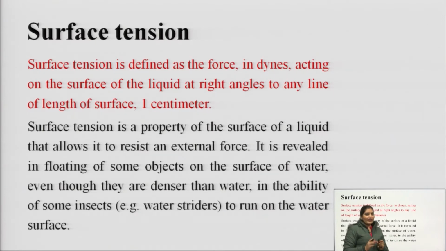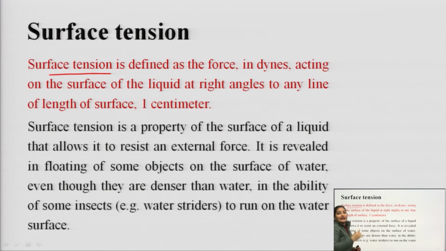Okay. And this surface tension phenomenon is revealed in the floating of some objects on the surface of water, even though they are denser than the water, and in the ability of some insects, for example water striders, to run on the surface. So, what is surface tension?